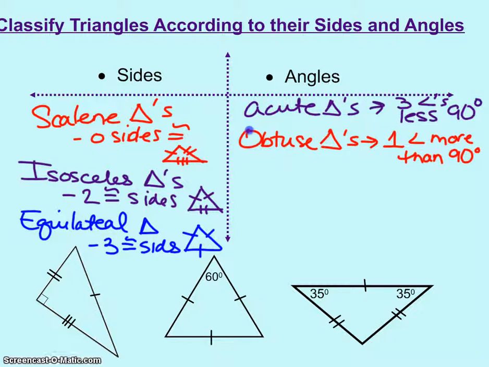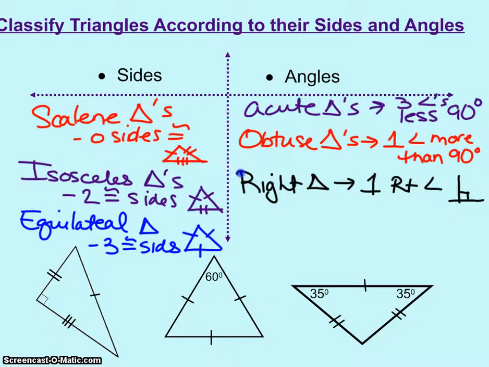And then we talk about triangles that are right. A right triangle is a triangle that has exactly 1 right angle, denoted by that little box in the corner, so that's how you can tell that you have a 90-degree angle right there, if there is no number.